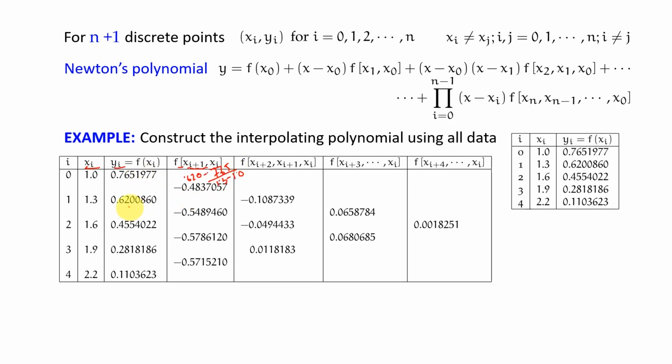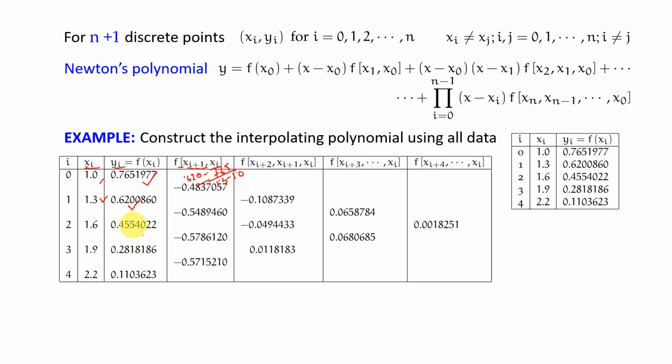This gives me the first finite difference, which comes as 0.48337057.